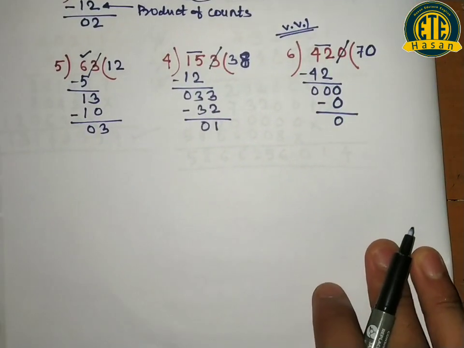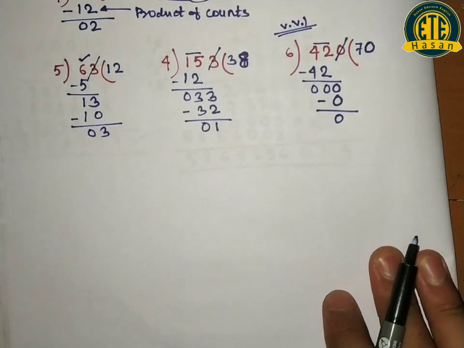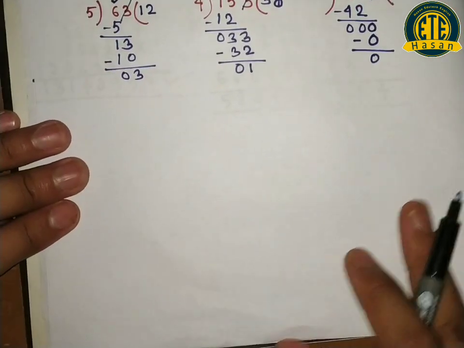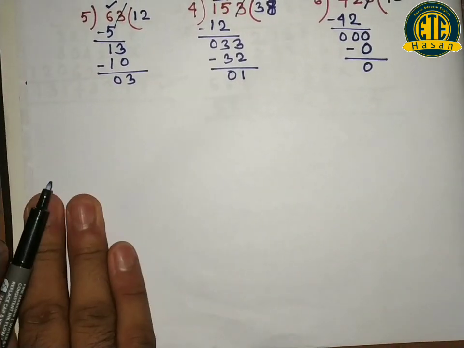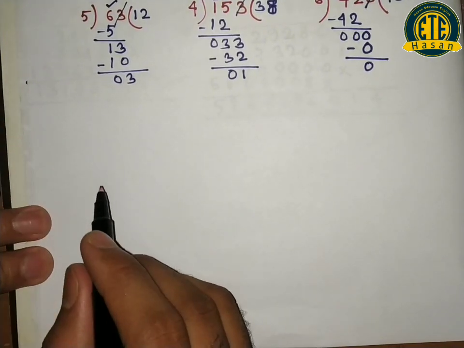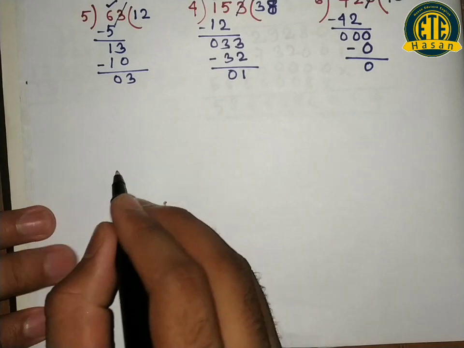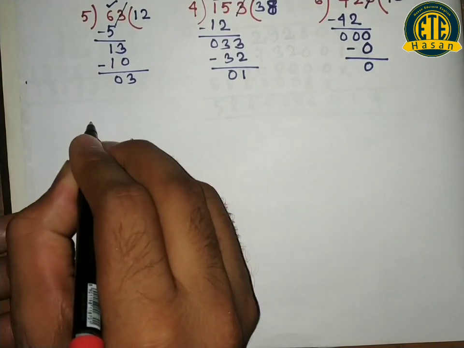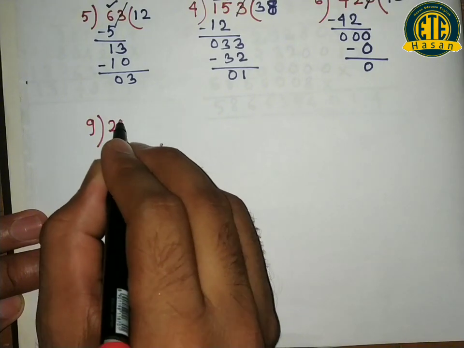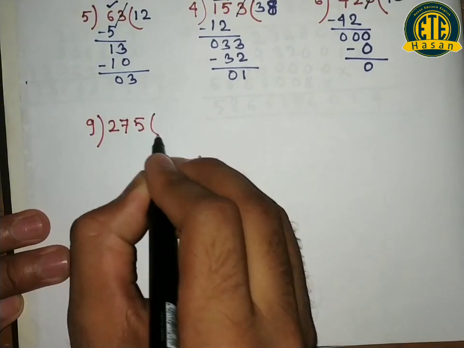Let's take another example. You have to follow directly step by step. Don't mix in another theory. Let's take another example, like 9 dividing 275.